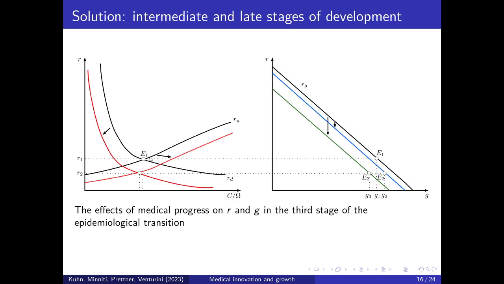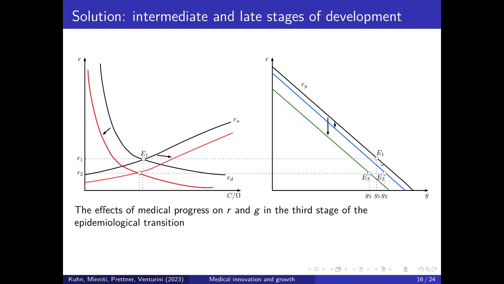So that means that the two curves RU and RD shift downwards again because resources are subtracted that would be available for research and development and for production. That means in turn that the interest rate will surely decrease, but we cannot say again what happens to the consumption asset relationship, but that's also not important. What's important is that the interest rate decreases.